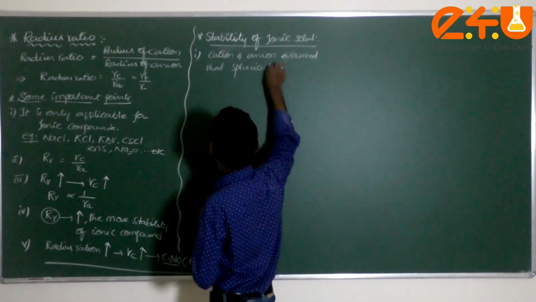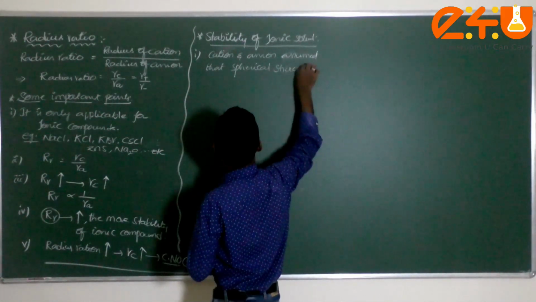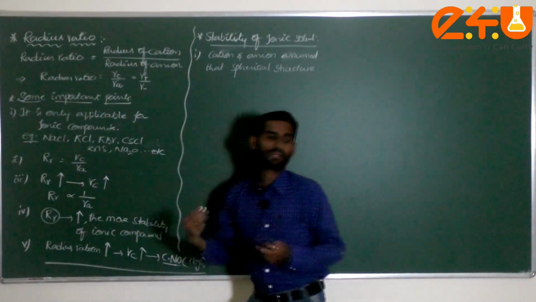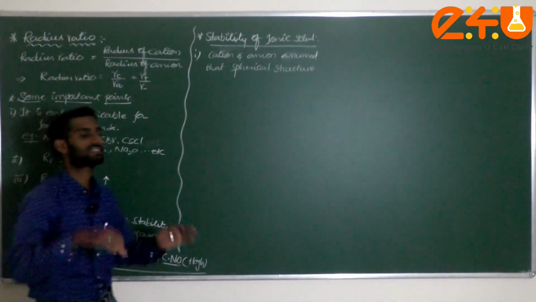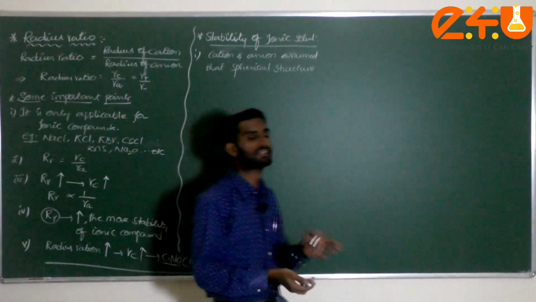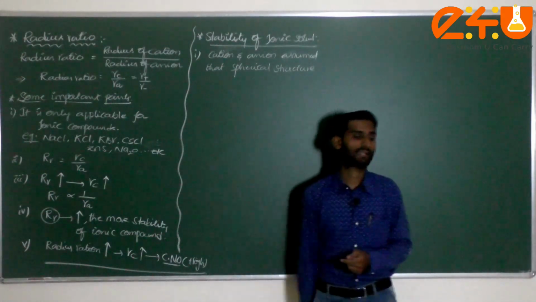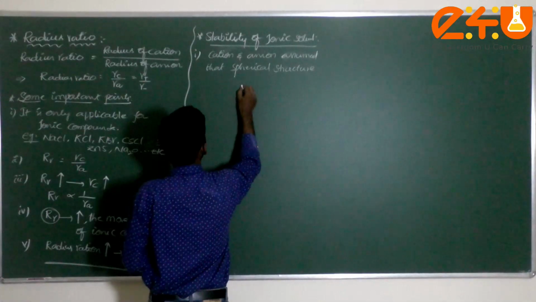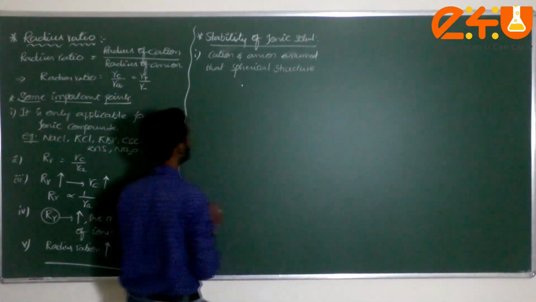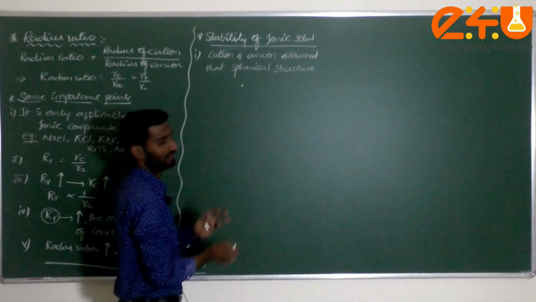What is a spherical structure here? Am I correct or not? Generally we know, according to inorganic chemistry, the radius of the anion is greater than that of the radius of the cation. Am I correct or not here? Now, for example, this is the small one, this is the size of the cation.